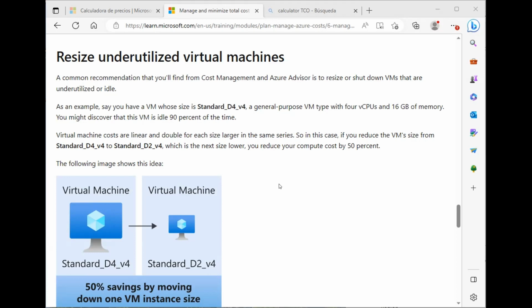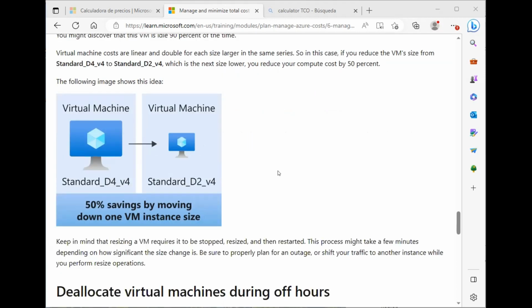The following images show this idea. We see virtual machine Standard D4 v3 change to virtual machine Standard D2 v3, a 50% saving by moving down one virtual machine instance size.